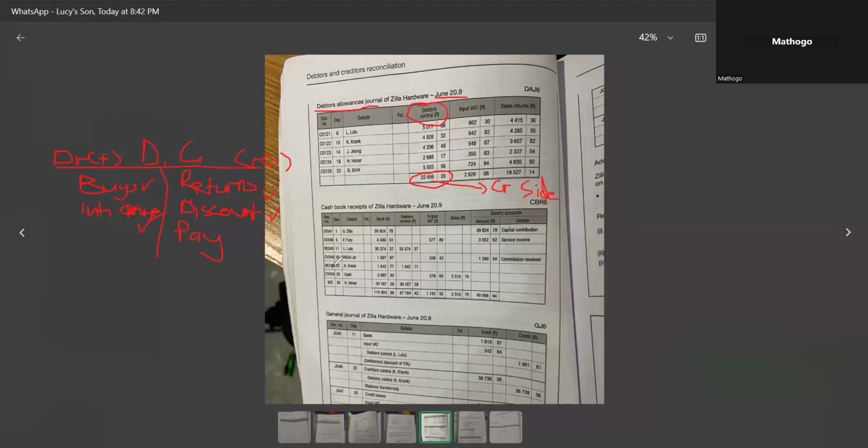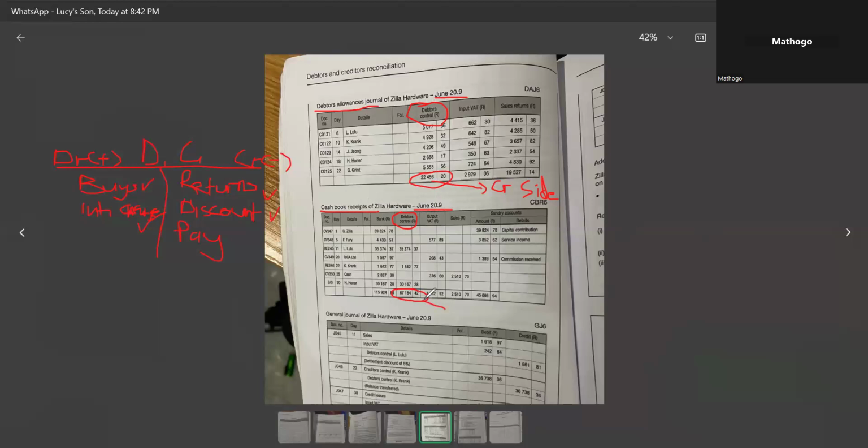And then if you go to your cash book receipts, young men, notice it's also for the month of June. I want you to observe there is a column there, a debtors control column. Do you see it? Your interest amount is from that column. Now, what is happening in the cash book receipts?